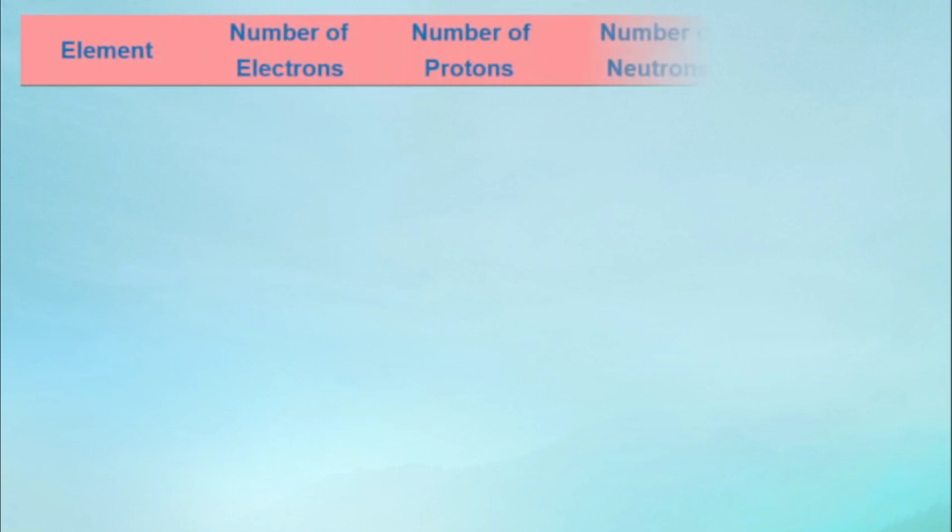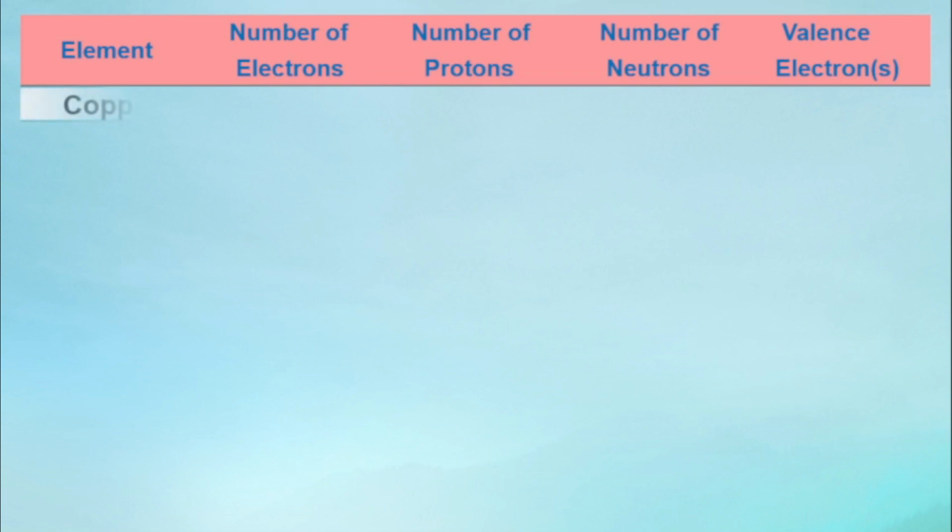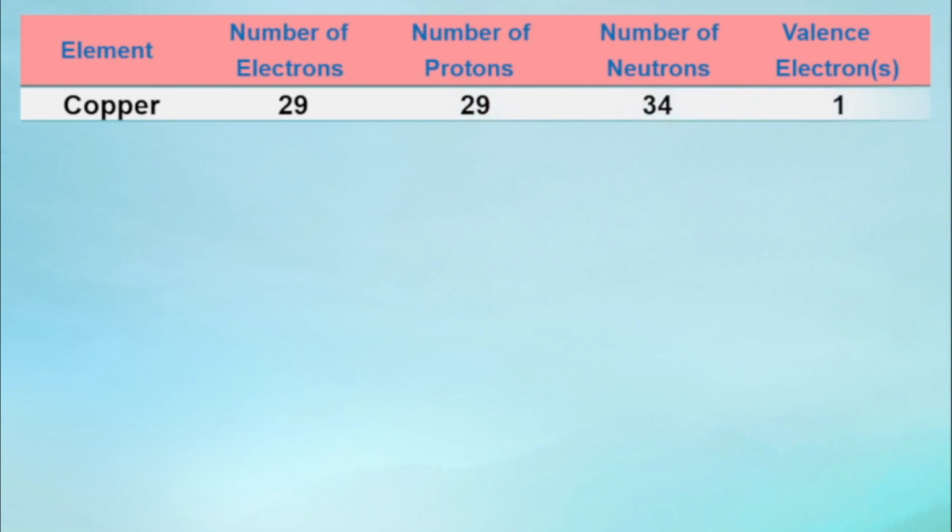Tables of element, number of electrons, number of protons, number of neutrons and valence electrons. Copper element, number of electrons 29, number of protons 29, number of neutrons 34 and valence electrons 1.